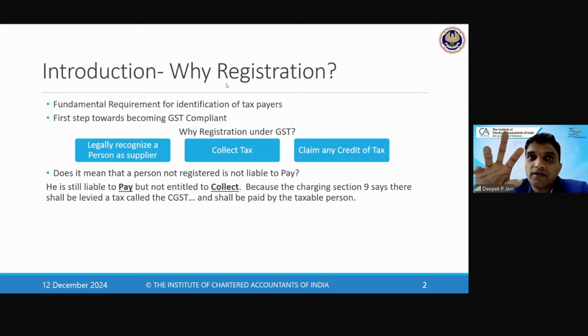A person who is not registered cannot collect it, because even if he collects it, there's no guarantee that he'll pay to the government. So he's not authorized in the first place to collect any GST. So from an unregistered person, if you're buying, you should not pay the GST. But I think your question was something else.